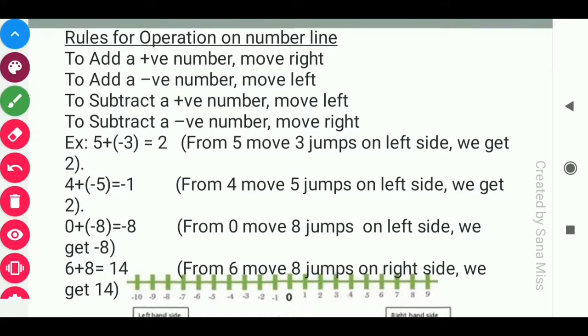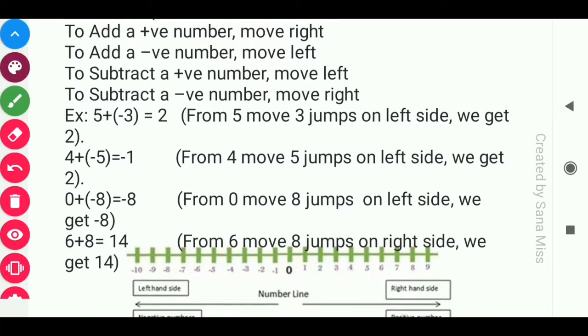Now we are having the rules for the operation on the number line. Children, if I want to add a positive number, always we'll go to the right hand side. We will move to the right. And suppose I want to add a negative number, so I'll move to the left hand side. Let's consider the example.